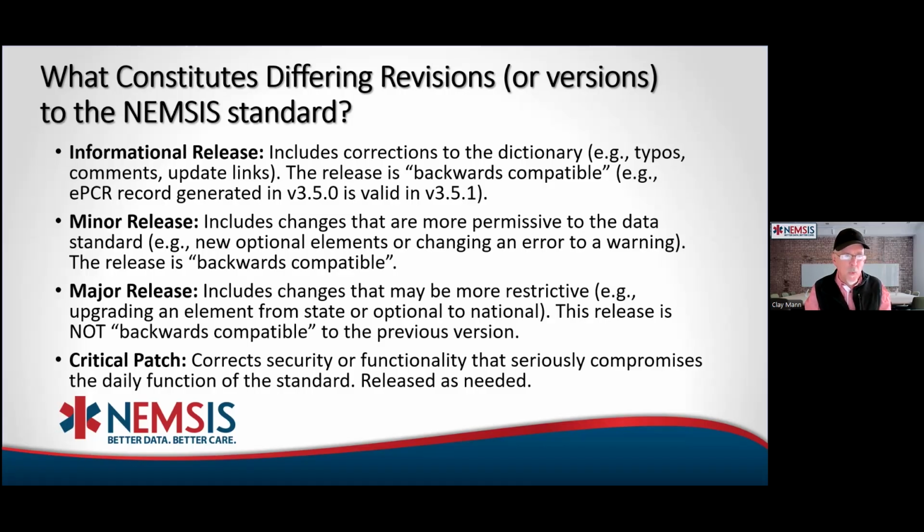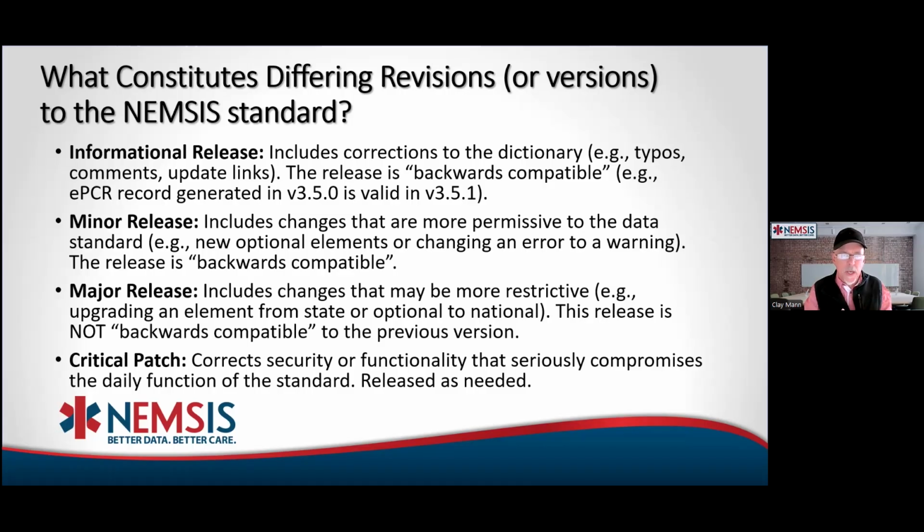What we will most often do is when a minor release is due or a major release is needed, all of those corrections to the dictionary, those updated links all get built into that minor release or the major release. A minor release includes changes that will always be more permissive of the standard.